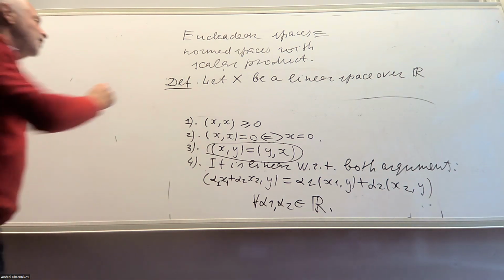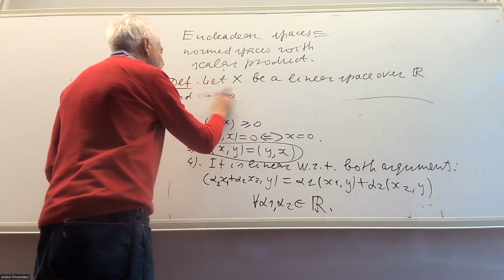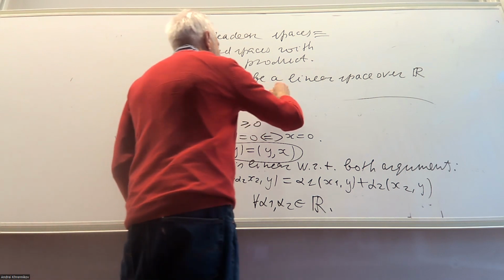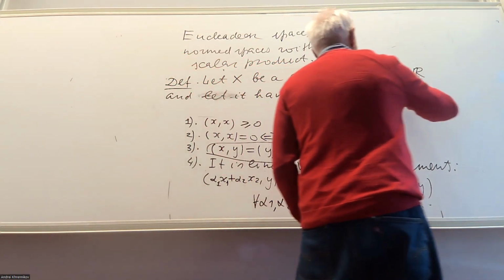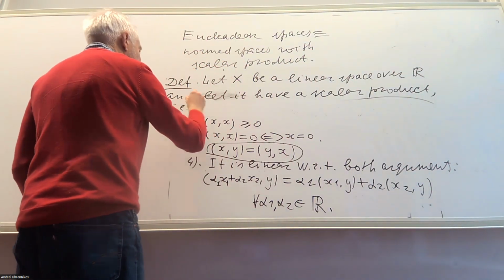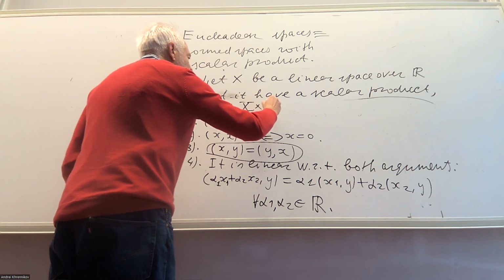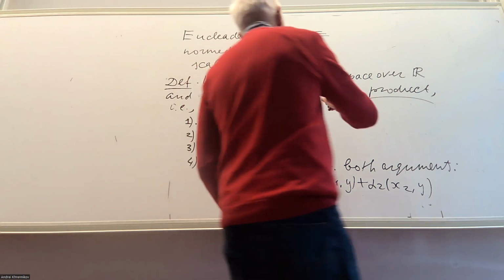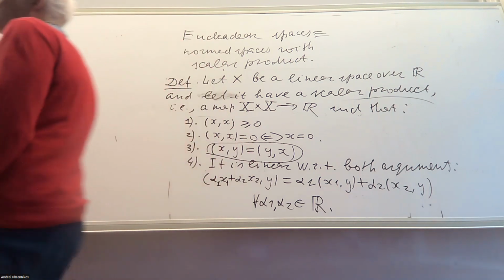Linear space over R, and let it have a scalar product, that is, a map from the Cartesian product to the real line, satisfying these four axioms, such that we have these four properties.